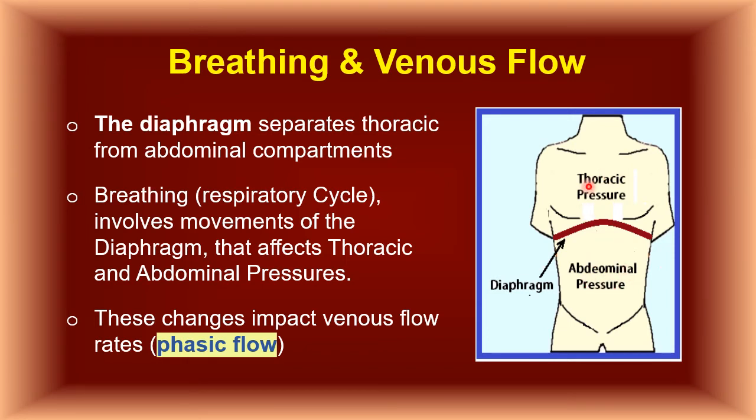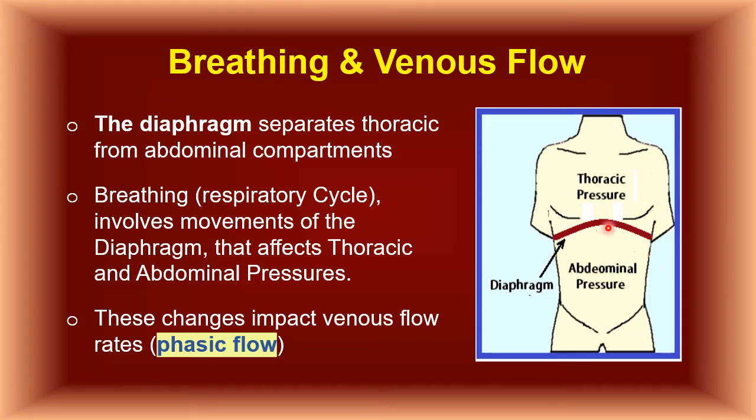We have the thoracic cavity here, the abdominal cavity here, and the diaphragm in between. During respiration, what happens? We have inhalation and exhalation. The diaphragm is the main component that moves. So the diaphragm might go upwards toward the thoracic cavity or downwards towards the abdominal cavity.